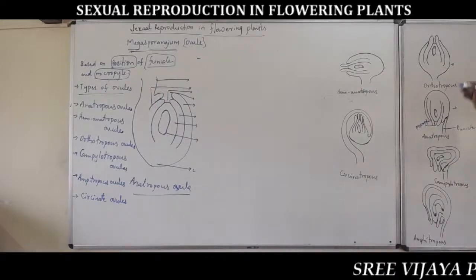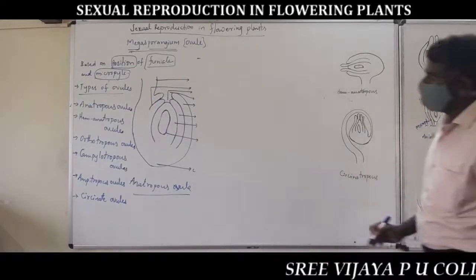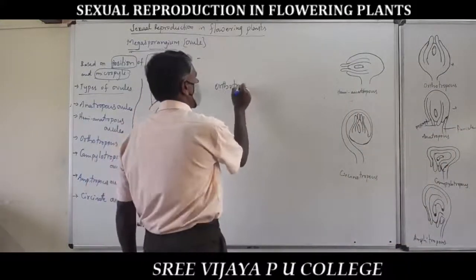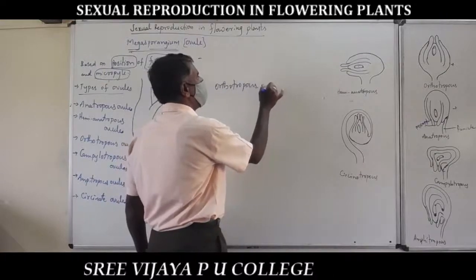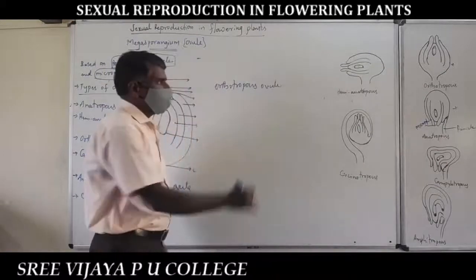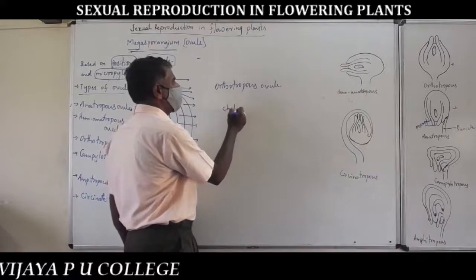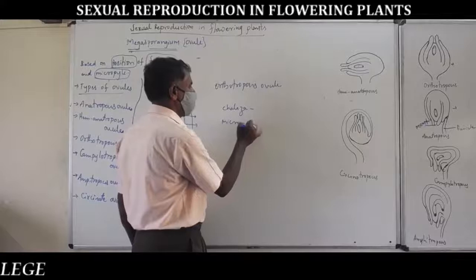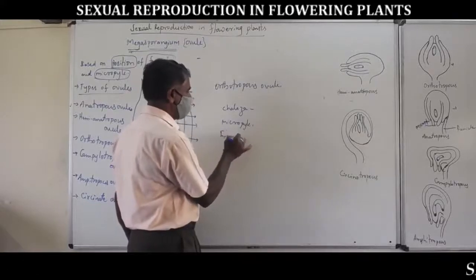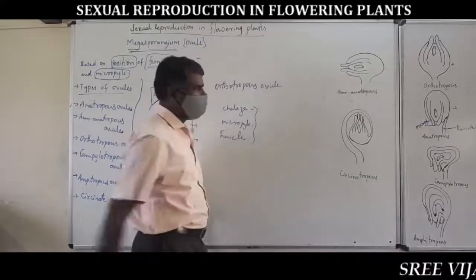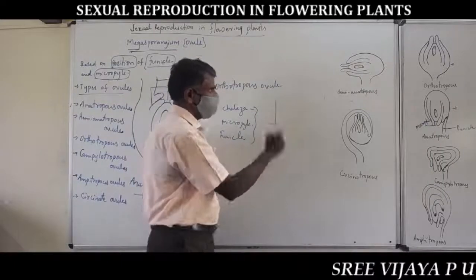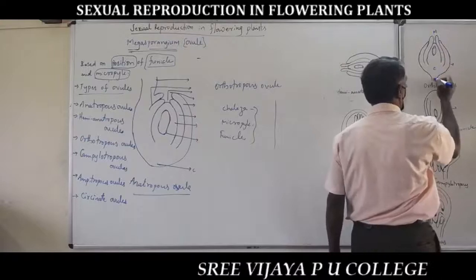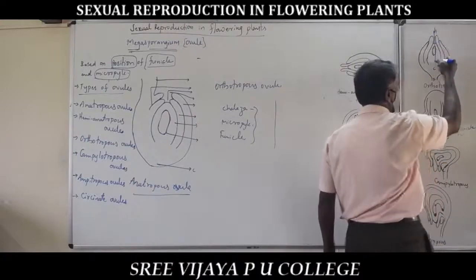As considered in the orthotropous ovule, the chalaza, micropyle and funicle are all present in the same line. See here, it is the micropyle, it is the chalaza, it is the funicle, present in the same line.